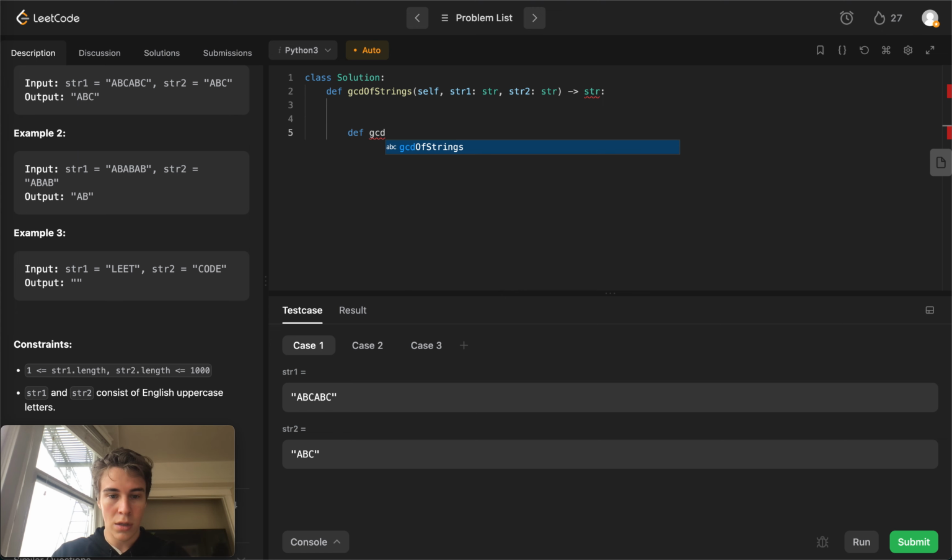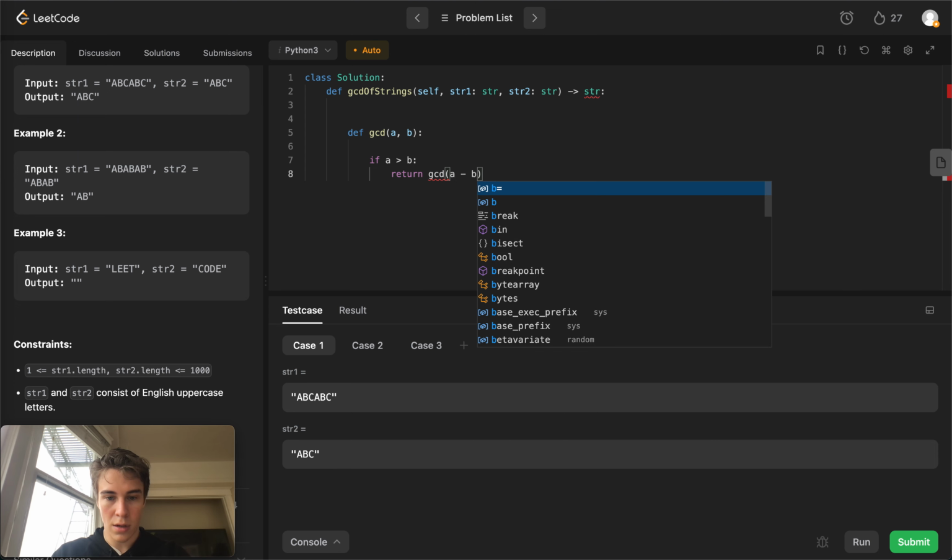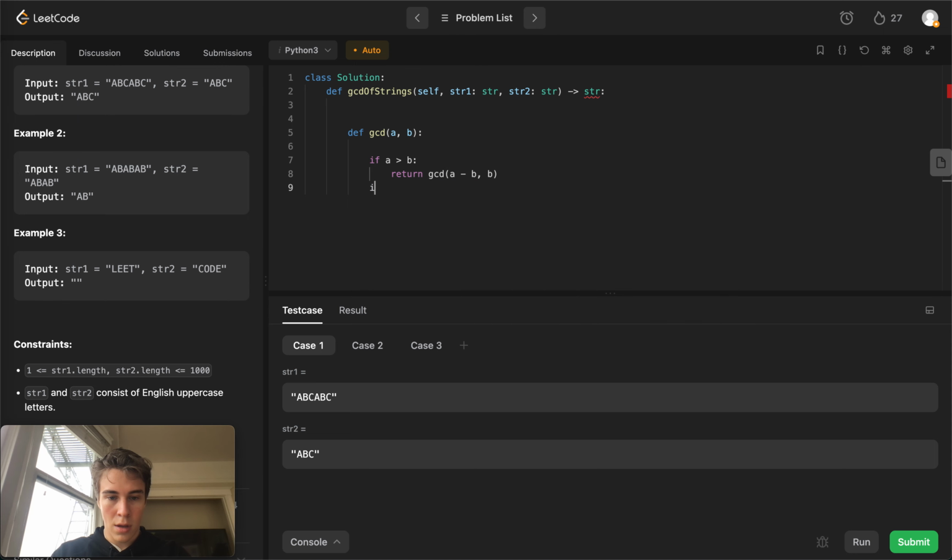GCD of A, B: if A is greater than B, return GCD of A minus B and then B. If B is greater than A, return GCD of A, B minus A. And then return A.